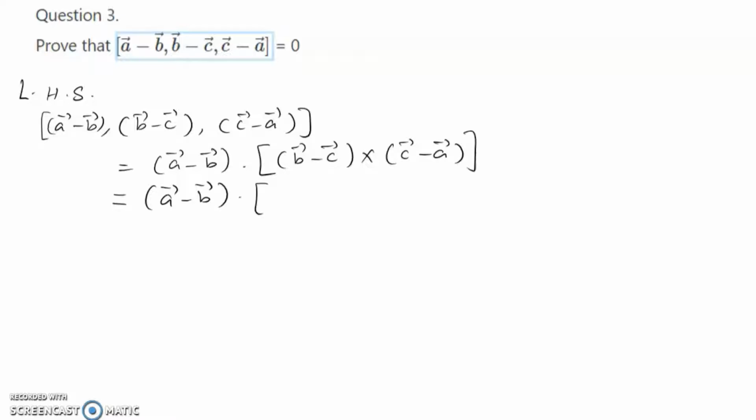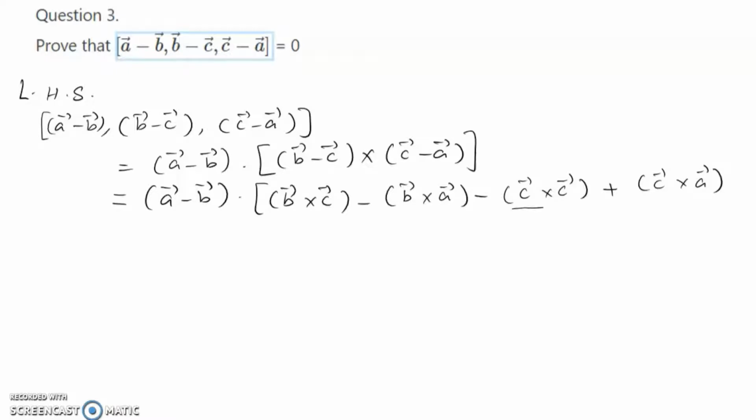So this will be using the distributive law: B cross C, then minus B cross A, then minus C cross C, plus C cross A. Now we know that C cross C will be equal to 0.